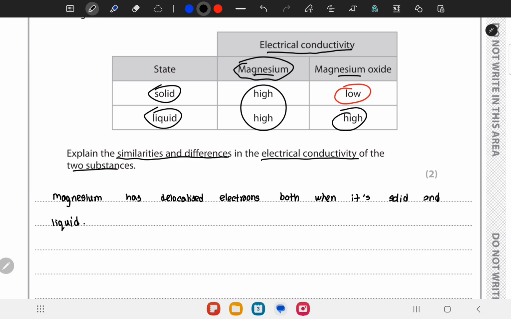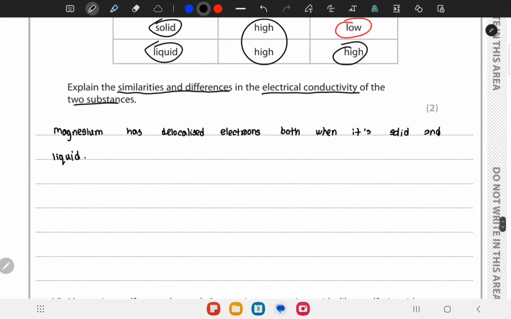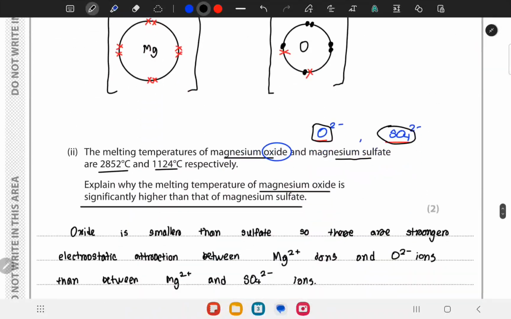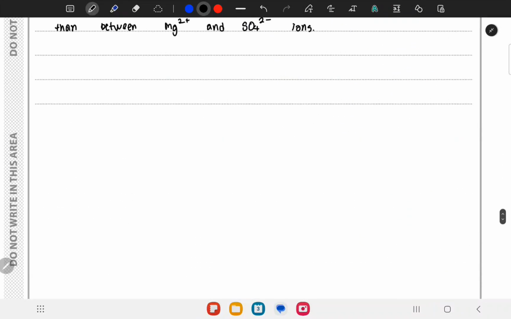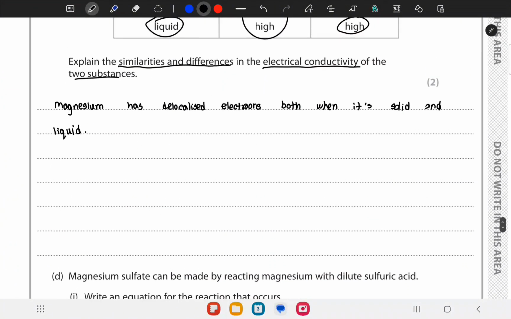Now, in magnesium oxide, in solid form, there are no delocalized electrons because the magnesium has a full outer shell, the oxygen has a full outer shell. They won't give away any electrons. However, if they are in liquid form, the ions themselves, the magnesium 2 plus and O2 minus ions, are able to flow through the liquid and move and conduct the charge.